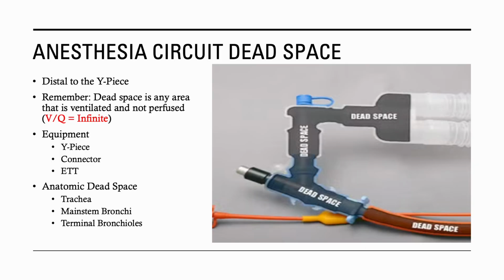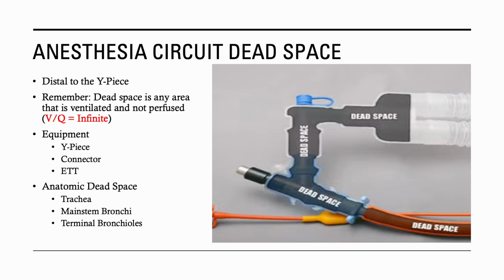Our next keyword is anesthesia circuit dead space. So this keyword also often comes up on tests and such. The answer here is that within the circuit, dead space is anything that is distal to the Y piece. The picture over on the right illustrates that nicely.